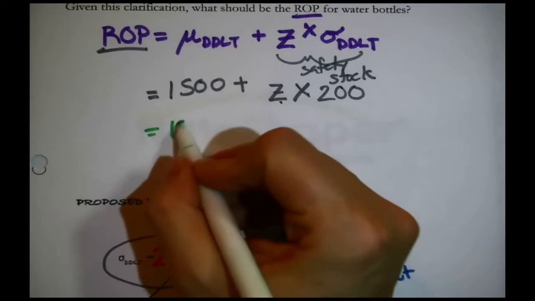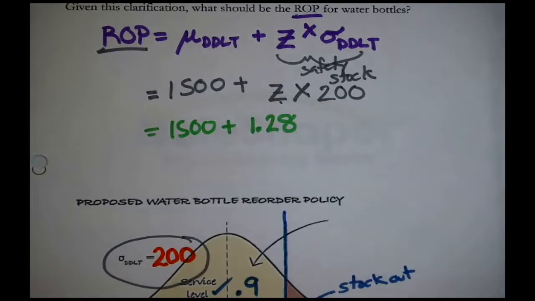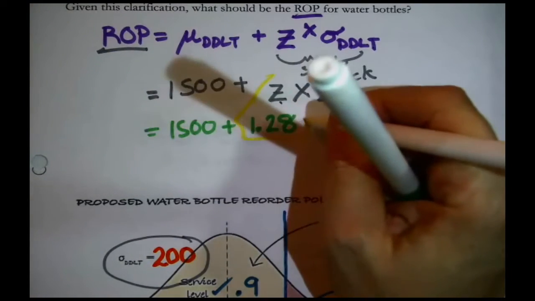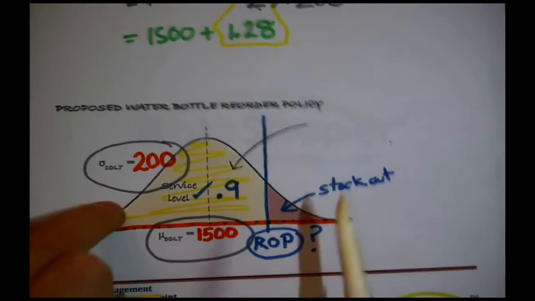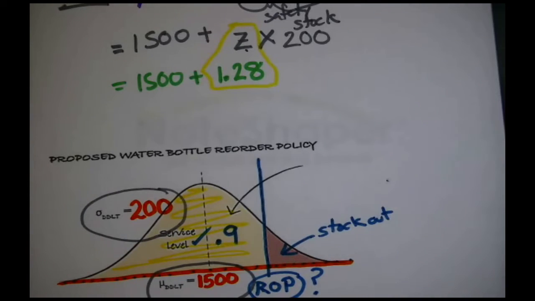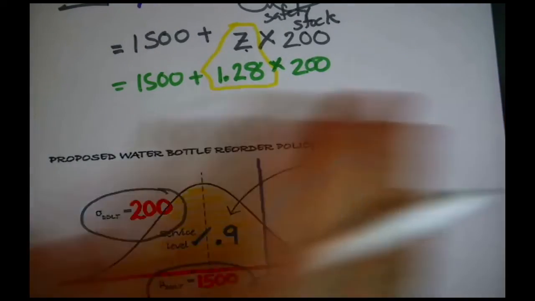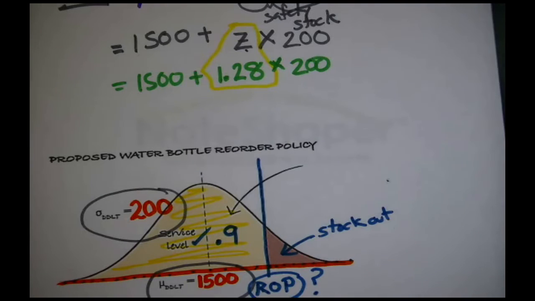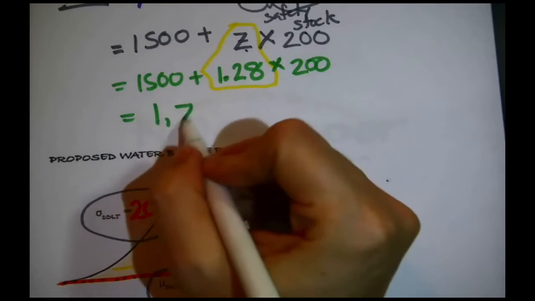1500 plus 1.28, which I got from the table by finding the one z value that came the closest to leaving exactly 90% in here, times 200. I figured that out on my calculator, and I get 1,756.